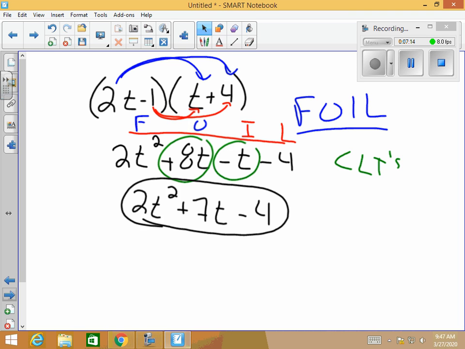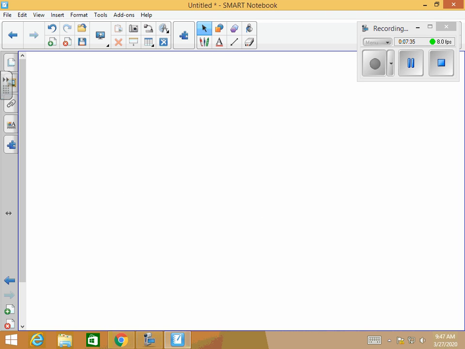And you will get ample practice because in every textbook, this is a vast majority of this section. So refer back to this slide. I do want to go to one more problem, which is a longer one. Just to illustrate that the method behind FOIL, the distribution property, actually works in every single thing. So let's do one more problem.